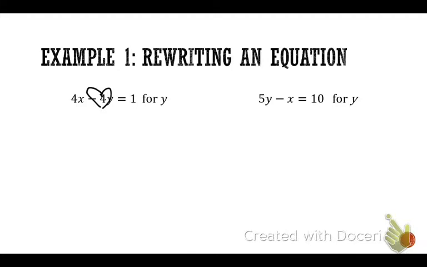Okay, we're getting real specific there. All right, now Michael, you all right there? What do you need to do next to get y by itself? We need to minus 4x on both sides. Yes, very good. Minus 4x on both sides.